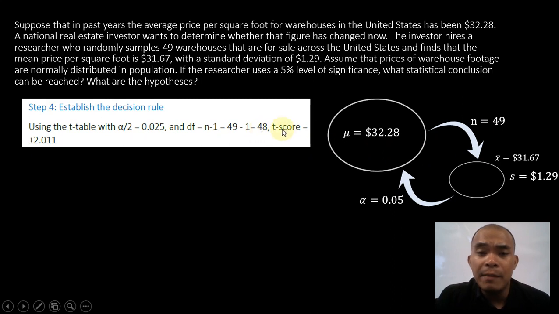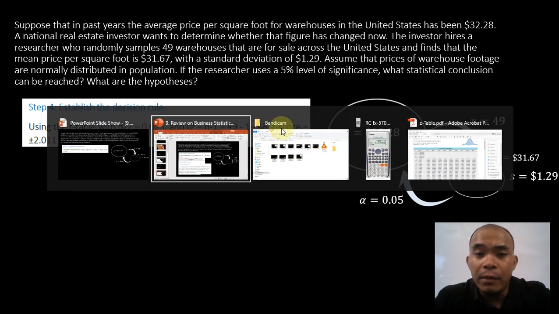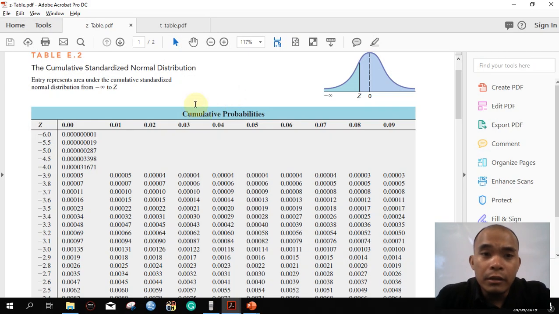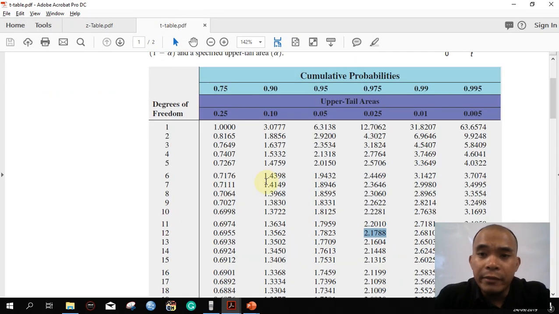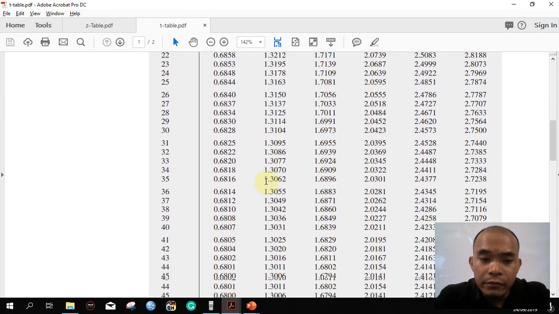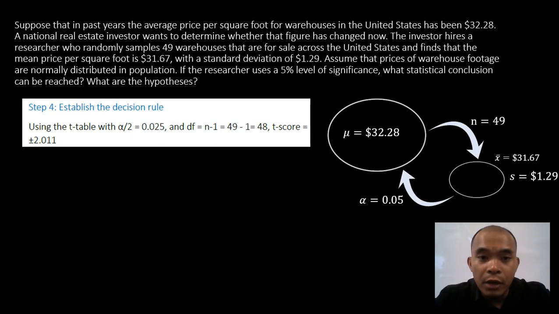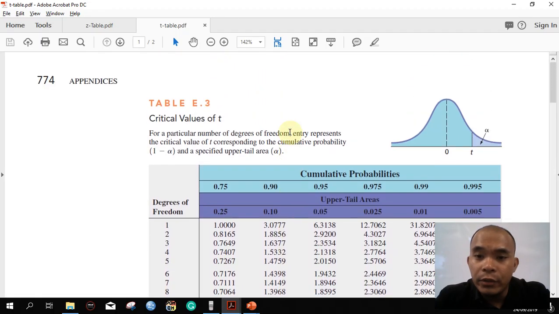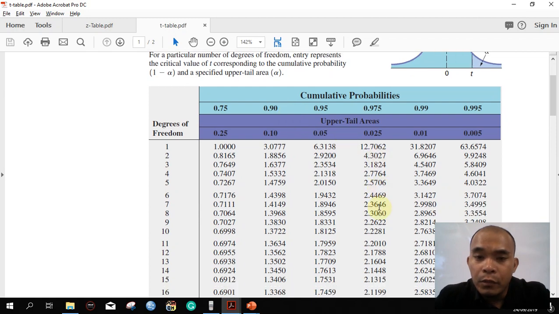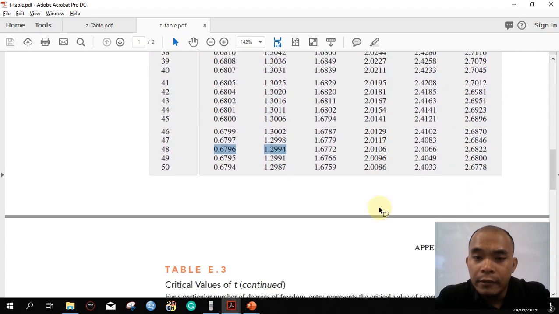Again, how did we come up with our t-score here? So we have to take a look at the t table. We have the 48. Do we have 48 here? We have the 48. And then what is our 0.025? 0.025 is on this column here.